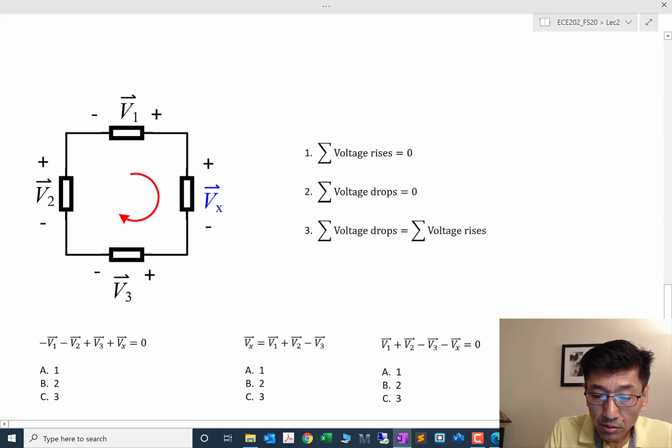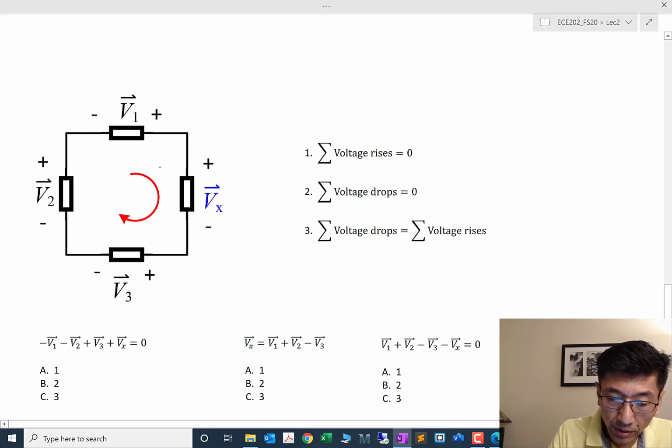But in this case, we need to choose a direction, right? Let's see, I have three equations here.